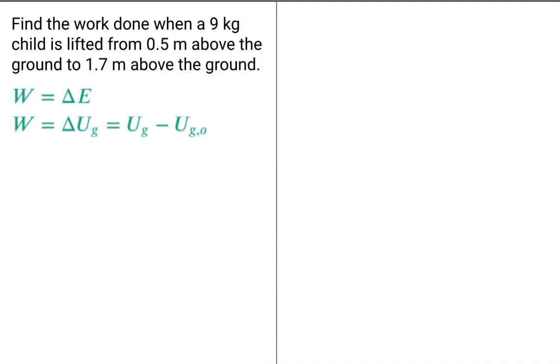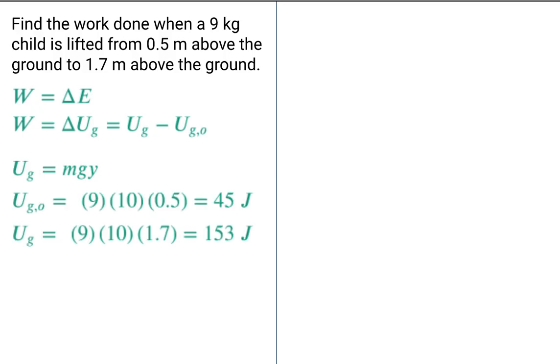The formula for gravitational potential energy is m times g times y, where y is the vertical height above some lowest point. There are a couple of ways that you can approach this question, but a common way is to just assume the ground is the 0 point and to measure all of your heights relative to that.